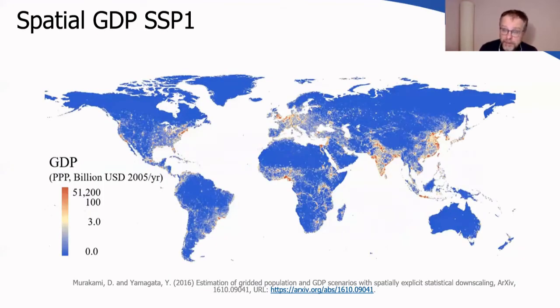The spatial GDP projections from the Japanese colleagues, you see here for SSP1 by mid-century. Then we see here SSP2, the differences, and SSP3, the differences across these SSPs, and how different areas will have different economic activity.